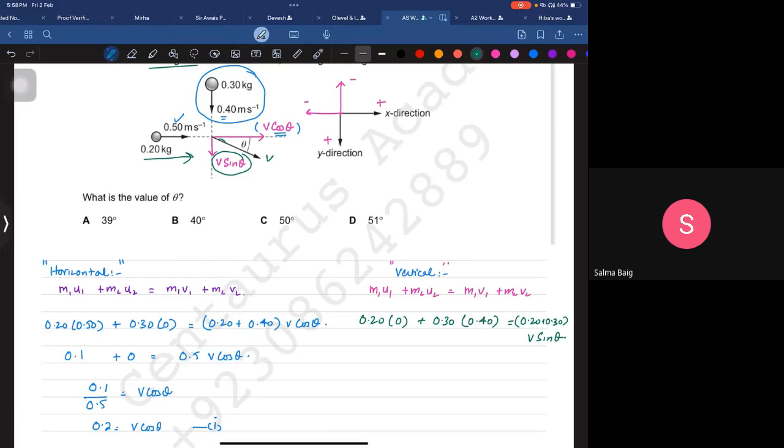Now, very nice. Now, the next thing is this will be 0. This will be somewhat like 0.12. This will be 0.50 times V sine theta. This will be 0.1 over 0.50 equals V sine theta.